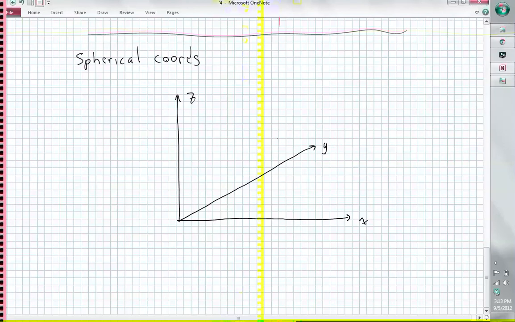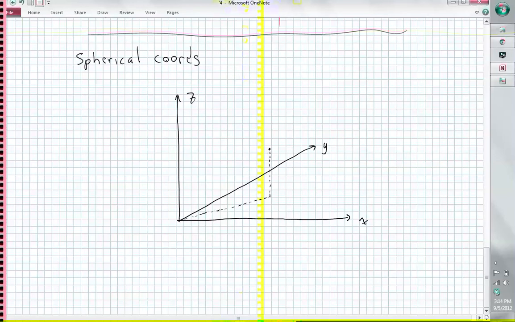Okay, let's give ourselves another generic point. It's still useful to drop down into the xy plane and to sketch in some of these important distances.